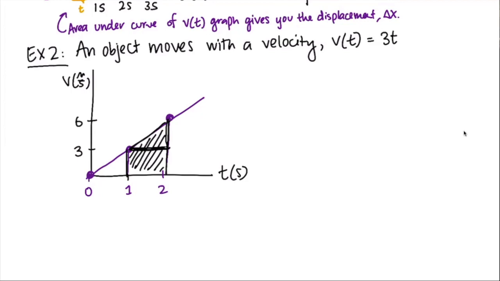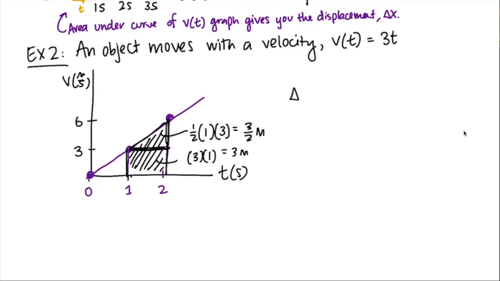So I changed by 3 meters per second every second, times a half because it's a triangle, so 1/2 base times height. And I would get 1/2 the base, which is 1 second, because from 1 to 2, times the height, which is changing by 3 meters per second. So that gives me 3/2 meters, plus this one, a height of 3, a base of 1, so 3 meters for here.